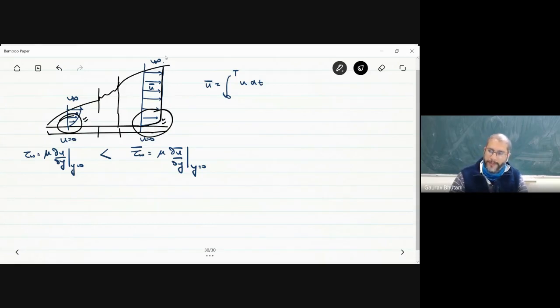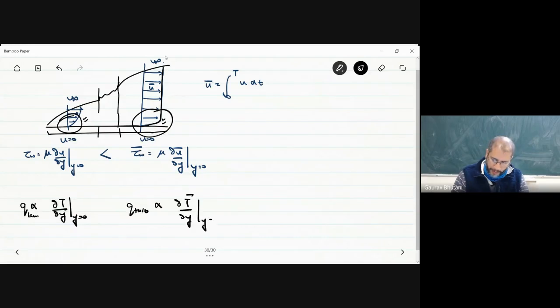Similarly, in heat transfer, we have the Q, which is proportional to del T by del y at y equal to 0. Call this laminar, and this turbulent is proportional to del T bar by del y at y equal to 0.